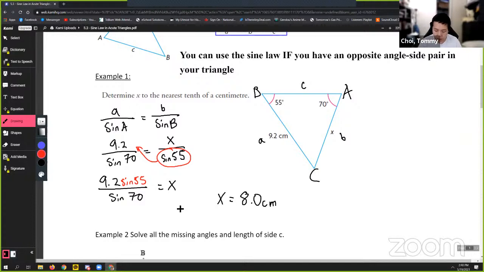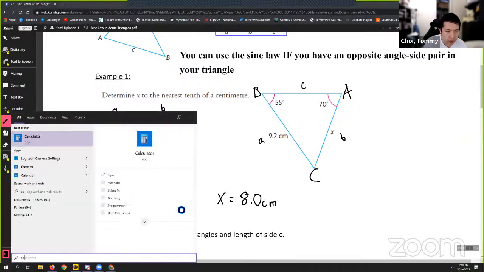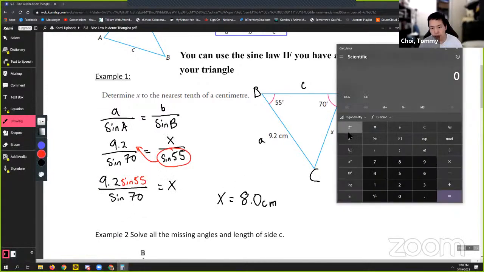On iPhone calculators, if you're wondering how we do this on iPhones all at once, well, 9.2 times 55 sine is equal to this, divided by 70 sine, and equals, and we get 8.0. So you can do it all at once on an iPhone calculator too.